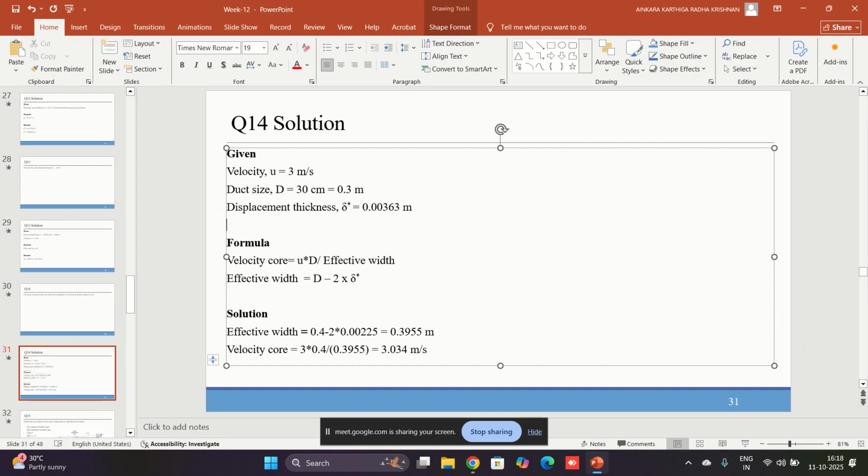0.00363 meter, and velocity core is equal to U into duct width by effective width. So duct width is actually 30 centimeter, and effective width is calculated as d minus 2 times of displacement thickness, and effective width is therefore 0.3 minus 2 times of this one, 0.00363.